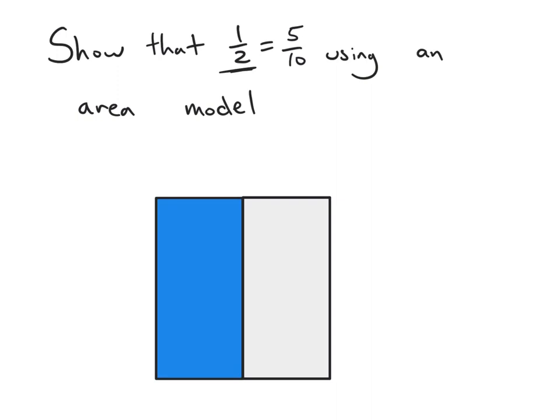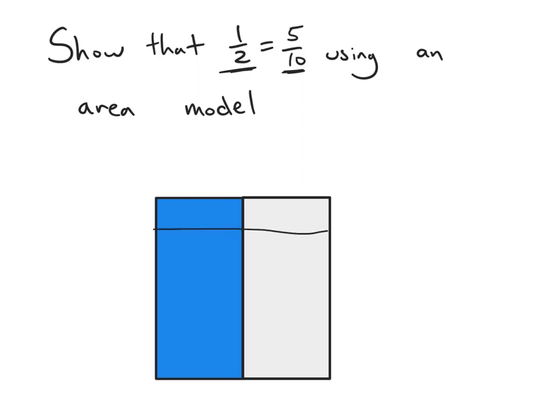And now I'm going to need to partition it horizontally to create tenths. I know I need to create tenths because tenths is the fraction that I'm trying to find that it's equivalent to. So I'm thinking, if I have 2 parts now, I need to multiply that by 5. So I'm going to try to create 5 sections horizontally. Let's see if I can do that.